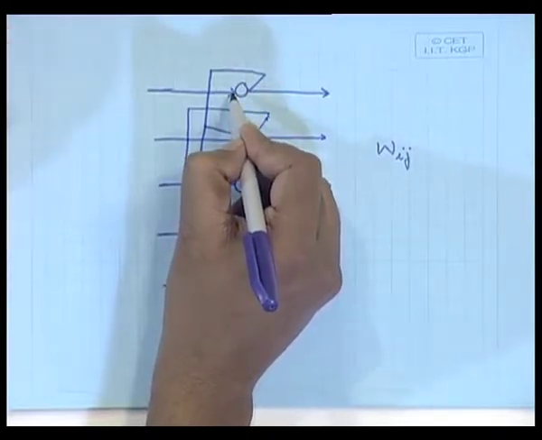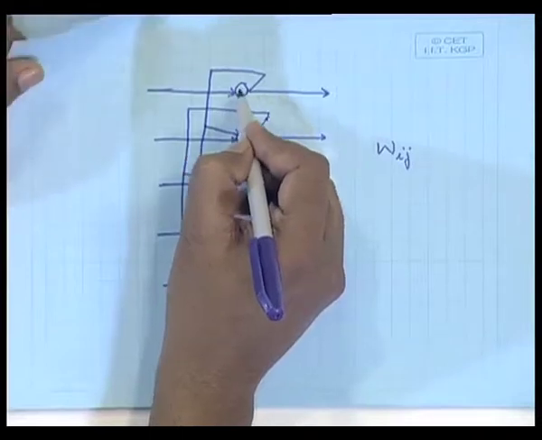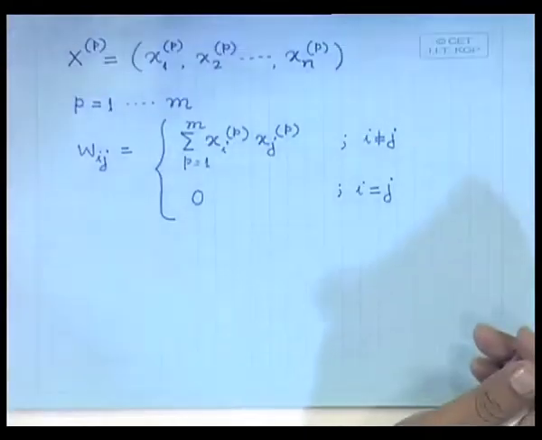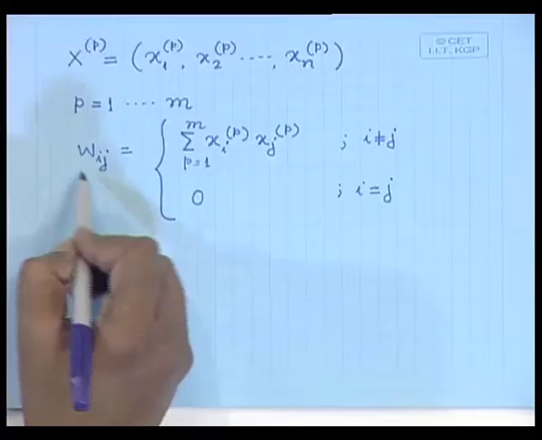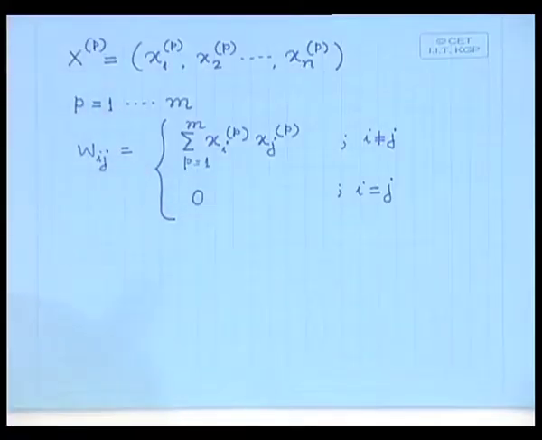So, Wij for i equal to j being 0 means that a node does not feed back the signal to itself. The output of a node is connected to the input of every other node via these connection weights Wij, but the output of a node is not connected to the input of the same node.